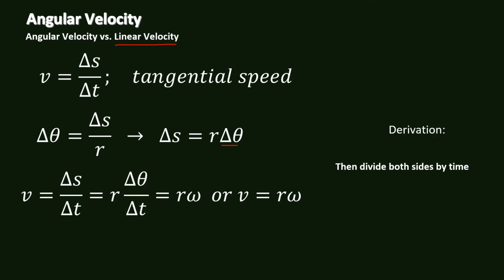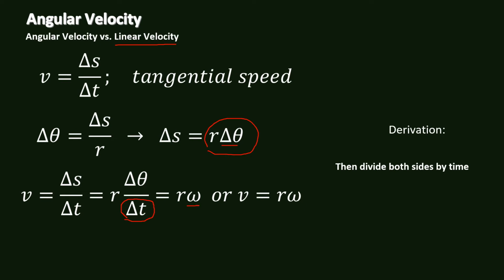So let's do a derivation here where we're going to take both of these sides and divide them by t, and see what we get. If we take this equation right here and divide that by t, so I'm taking this part of that equation and dividing it by t here, we get delta theta over delta t is equal to omega, and we have r omega.